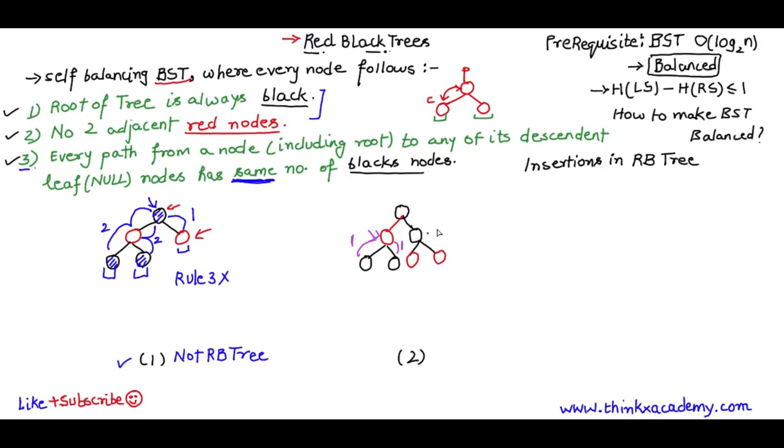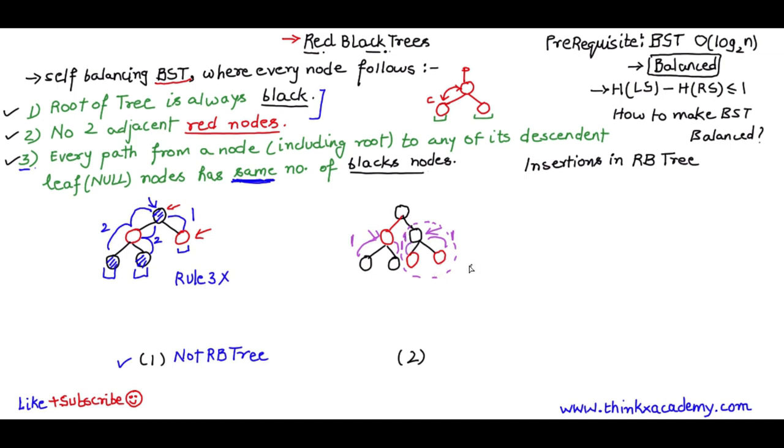So if you will consider this node, you can see that if you go from this node to this one, there is one black node which is including the root node. If you consider this whole subtree, the node which we have picked is acting as a root node, so it is a black node, and even in this one we have one black node.